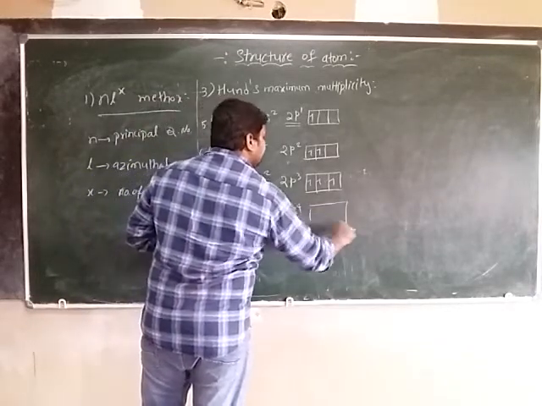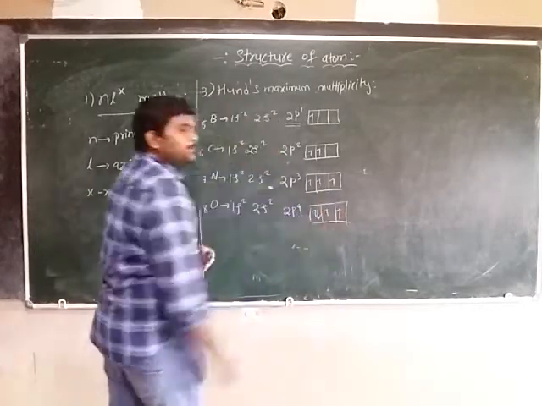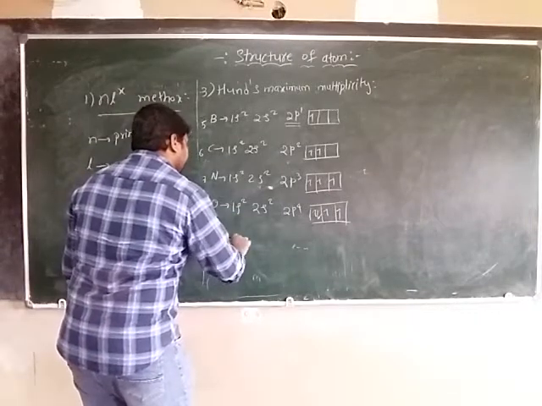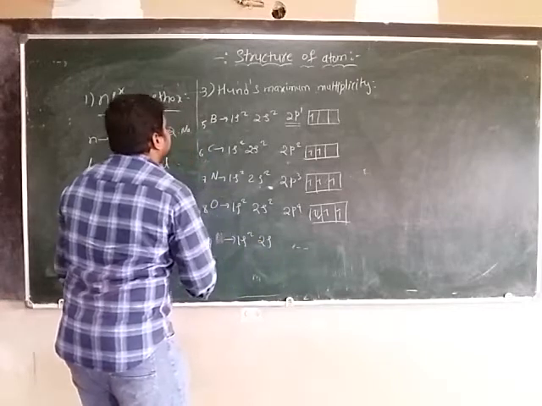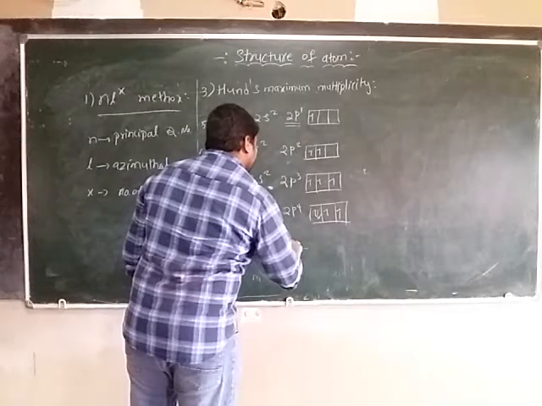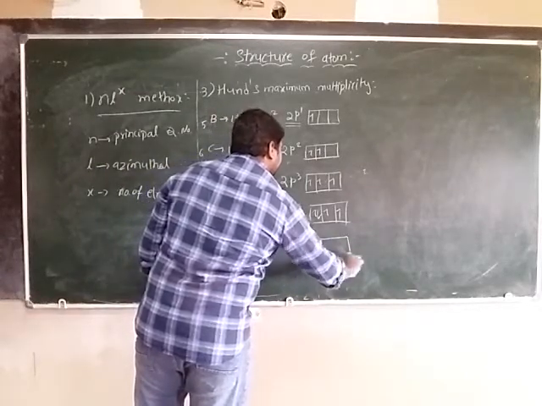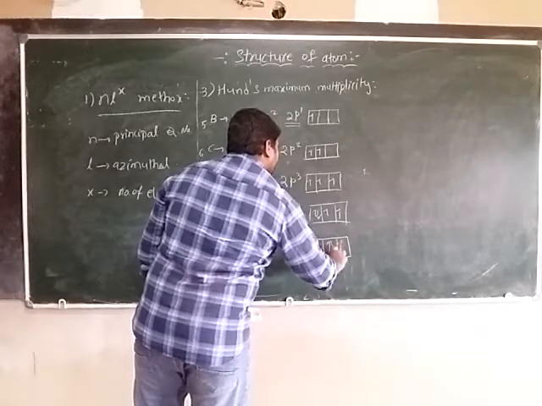After filling 1 electron in each degenerate orbital, then only pairing occurs. Next, fluorine 2s2, 2p5: 1, 2, 3, 4, 5.